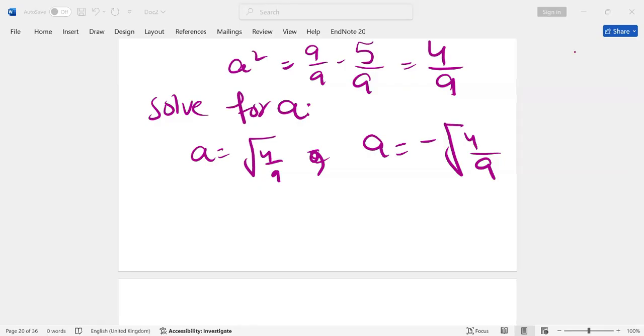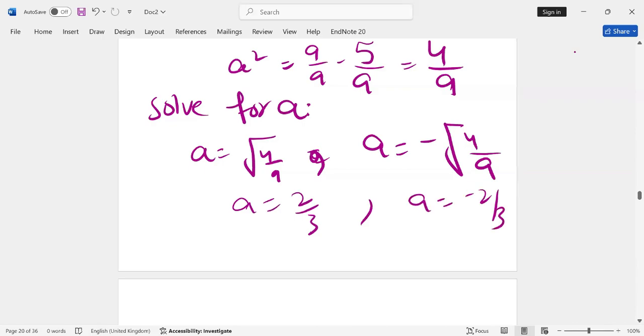So we have a equals 2 by 3 and a equals minus 2 by 3. Since the problem states that a is greater than 0, we choose the positive value. So the required solution is a equals 2 by 3.